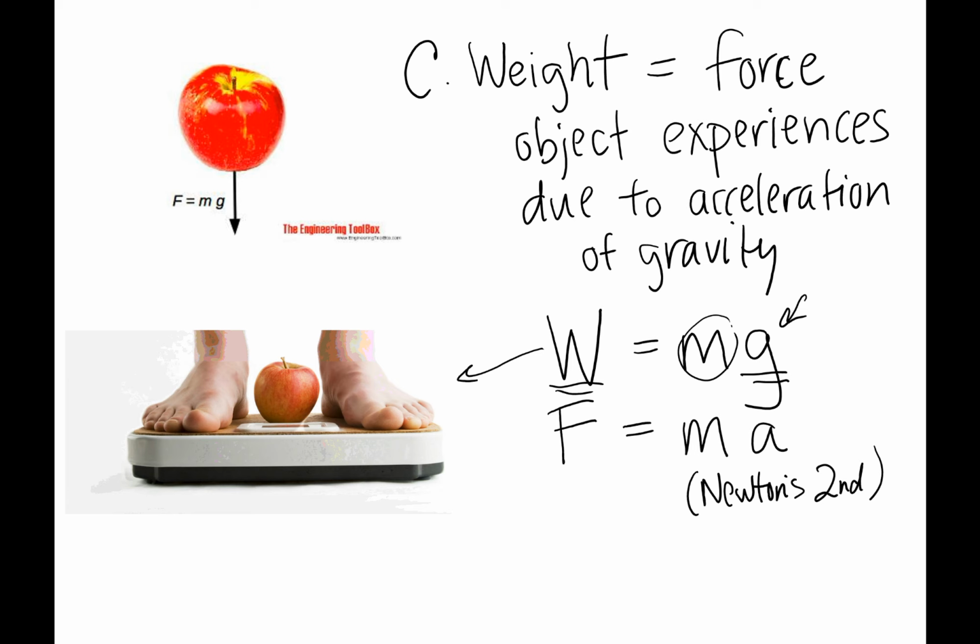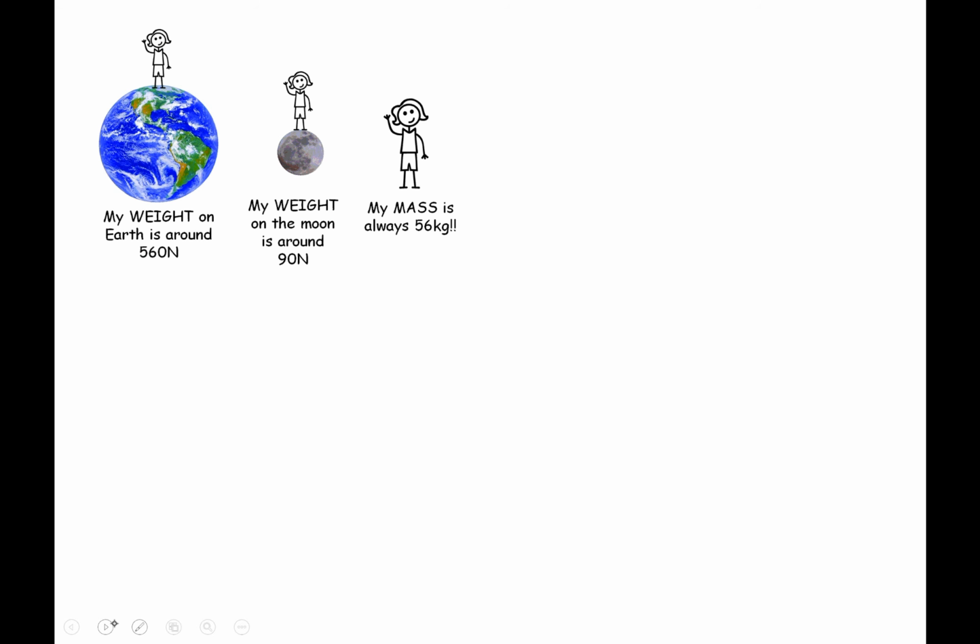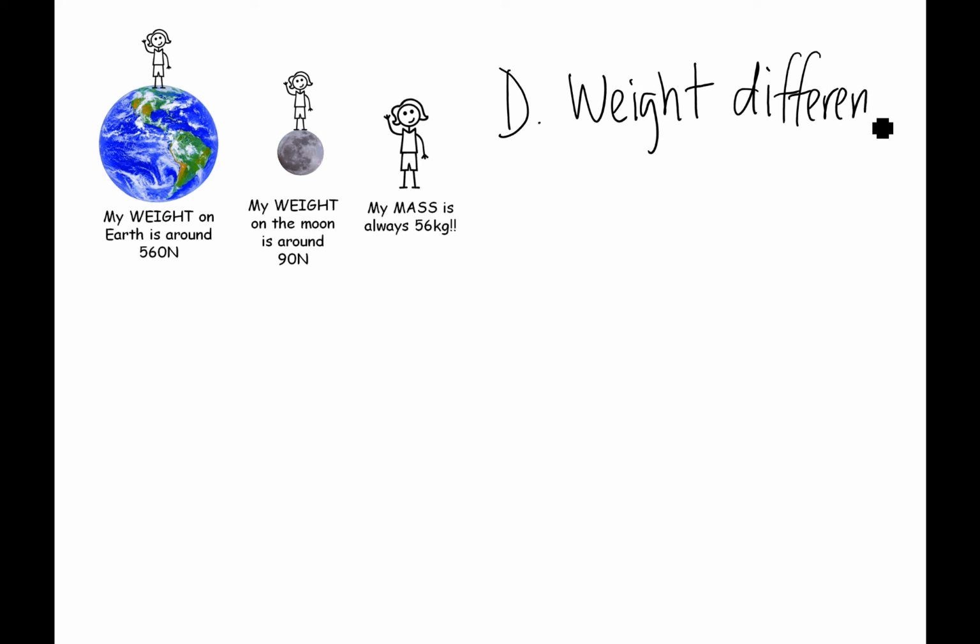Let's take this one step further and say, what happens if we're not on Earth and there's a different acceleration? Then we have a different weight. This is why astronauts that go to the moon feel a weight that is different. They can bound around because they feel lighter. They haven't lost weight, so to speak. They haven't lost mass.